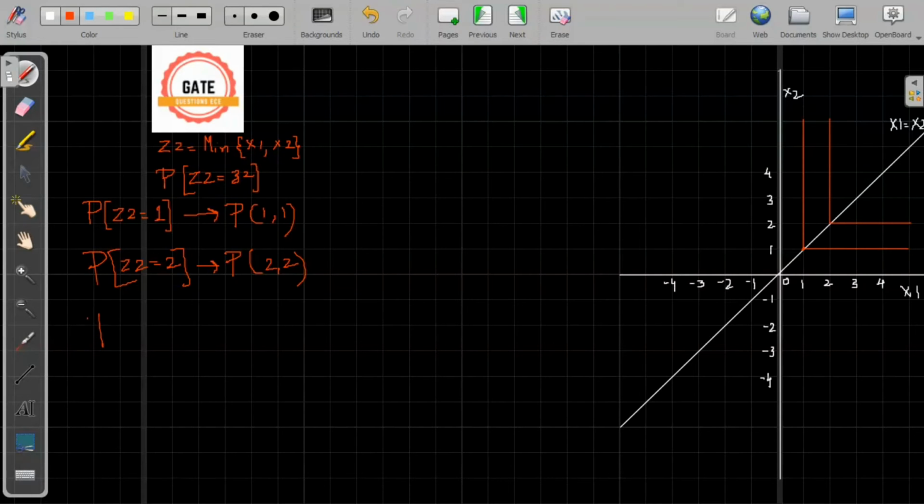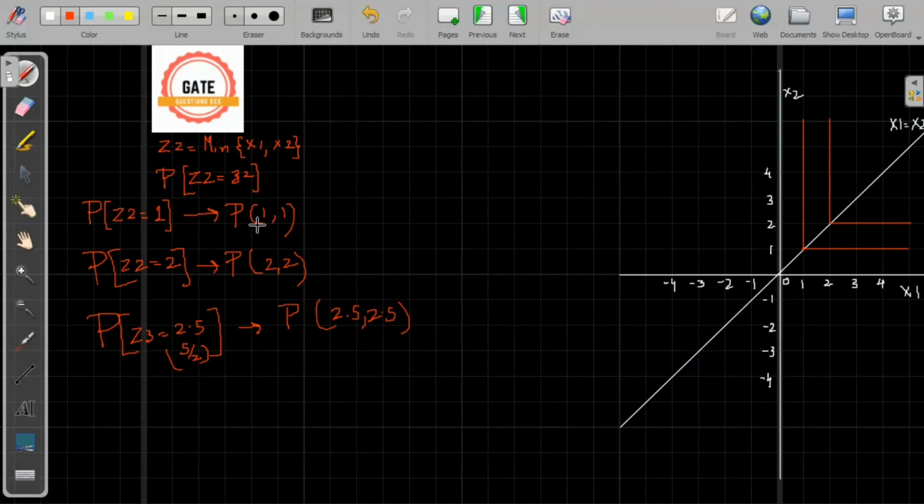Similarly, the examiner may ask for a non-integer value, for example Z3 equal to 2.5 or 5 by 2. For this case, the corner point P will be at 2.5, 2.5.